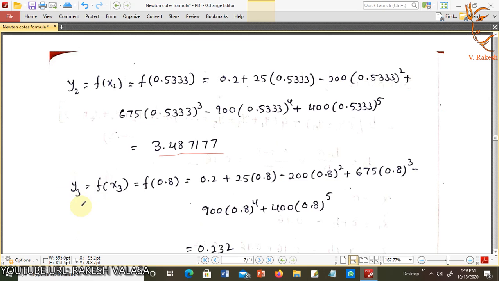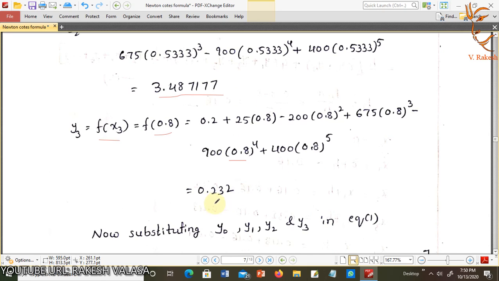Similarly calculate y3. y3 equal f of x3. x3 means 0.8. You can put x3 value in the given function, that means 0.2 plus 25 into x3 minus 200 x3 whole square plus 675 into x3 whole cube minus 900 into x3 power 4 plus 400 into x3 power 5. Now simplify this term, we get 0.232.